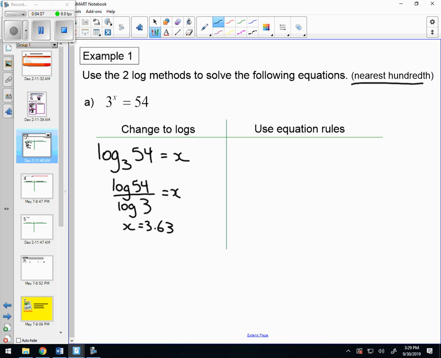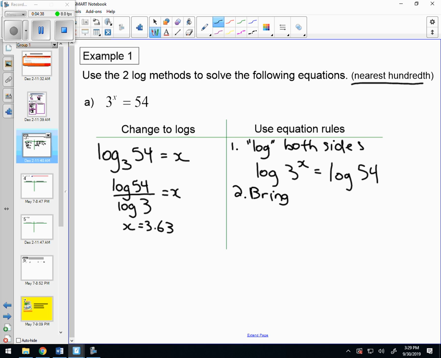Okay, I'll show you the use equation rules. I'll even write down the steps. The first step is to log both sides. So in this case, we take the log of 3 to the power of x and the log of 54. That's what it means to log both sides. After that, you're going to use your exponent laws and bring the x down.